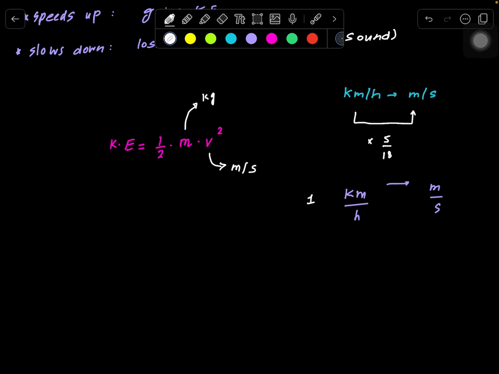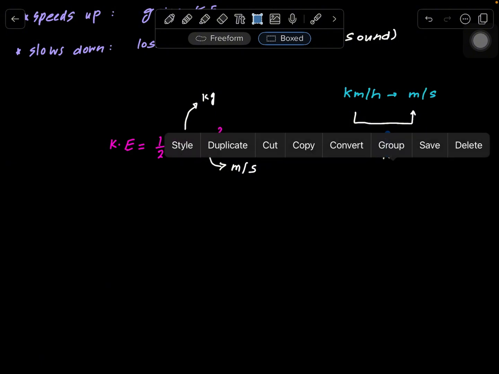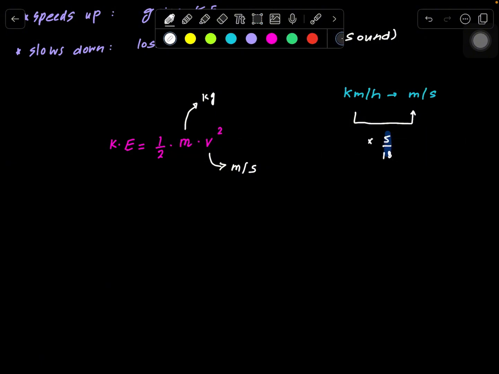So you're trying to convert 1 kilometer per hour into meters per second. 1 kilometer is 1000 meters, and 1 hour is 60 minutes, and 1 minute is 60 seconds. So that's 1000 divided by 3600, and 5 by 18 is a simplified form of 1000 divided by 3600. Okay, and the standard unit of energy, whether it's kinetic or other forms of energy that we'll be discussing, is joules.